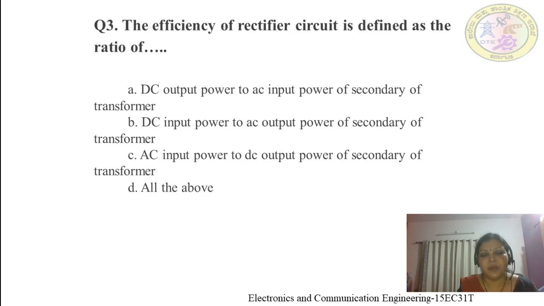Efficiency should be more. So when efficiency is more, we can say it is a good rectifier. So the efficiency for a half wave rectifier is 40.6 percent. Keep in mind, half wave rectifier efficiency is 40.6 percent and the ripple factor is 1.21.